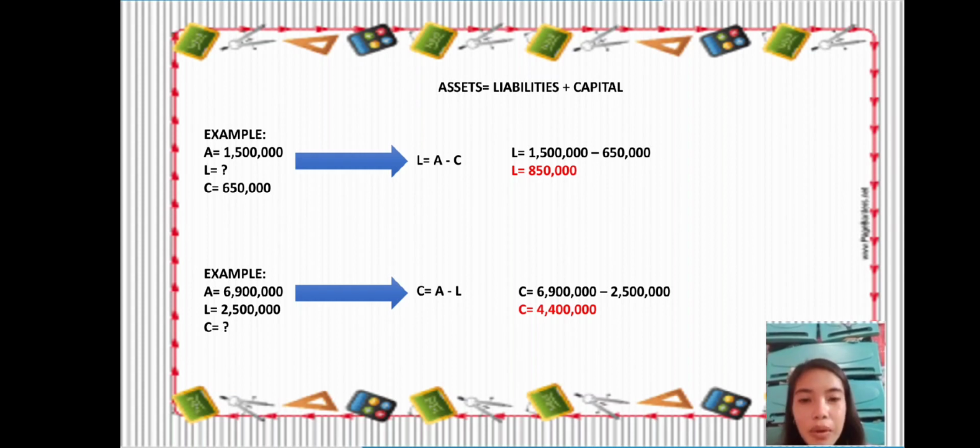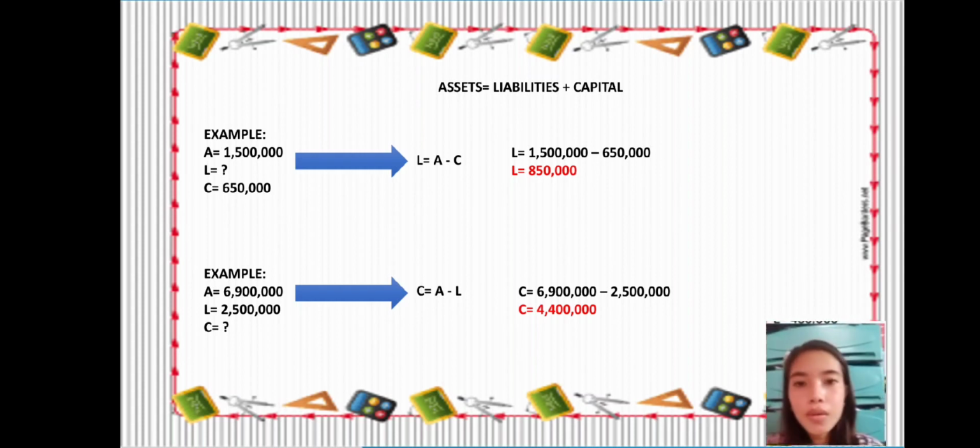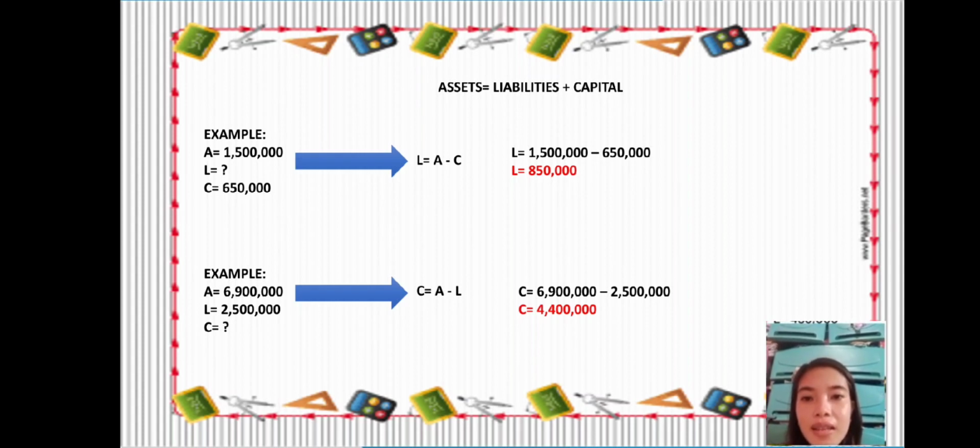That is very simple. The next one here, we need to find the capital. The equation that we use is capital is equal to assets minus liabilities. The following are given already. The assets here is 6,900,000. As you can see here, it is already given. The liabilities is 2,500,000. That is also given already.